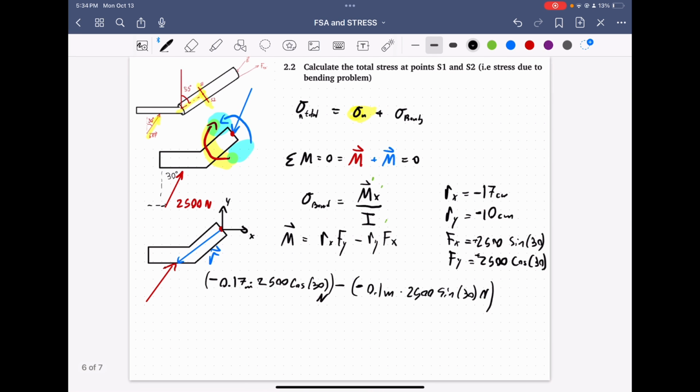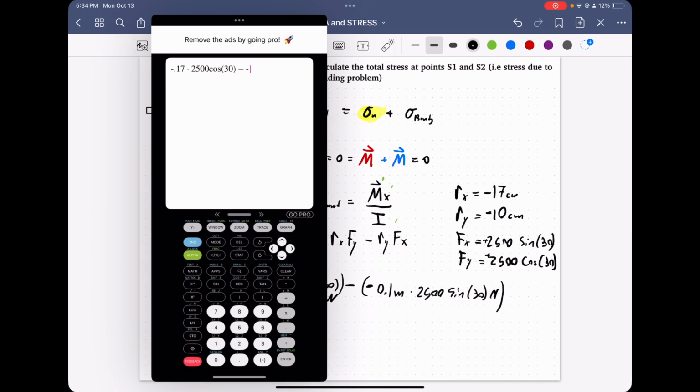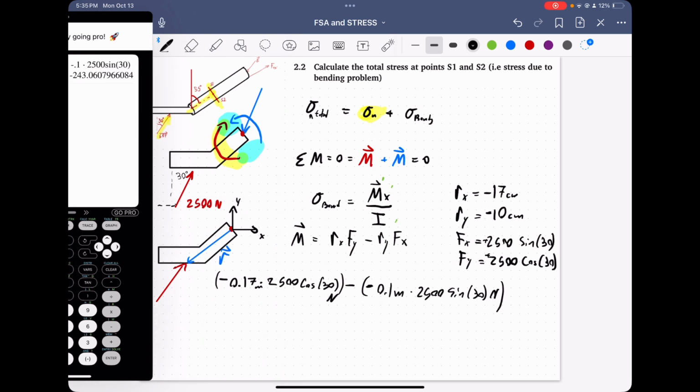So there we go. We can put this in the calculator: negative 0.17 times 2500 cos 30 minus negative 0.1 times 2500 sine 30. And we get negative 243.